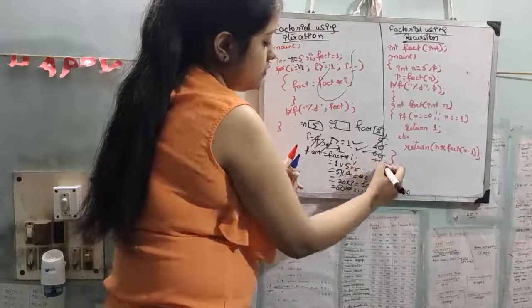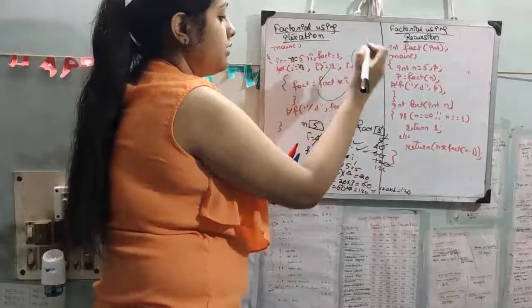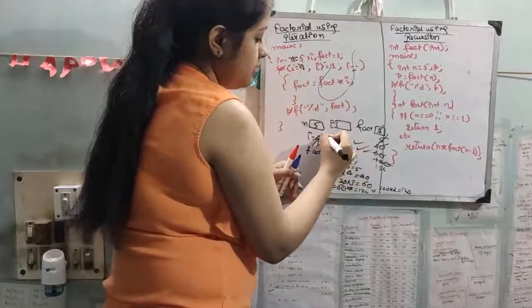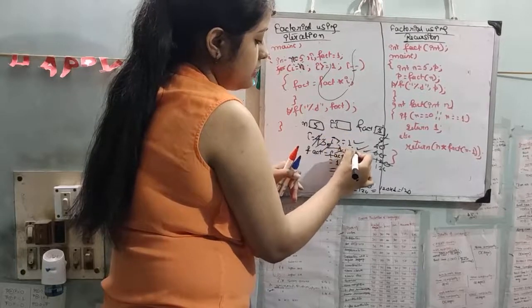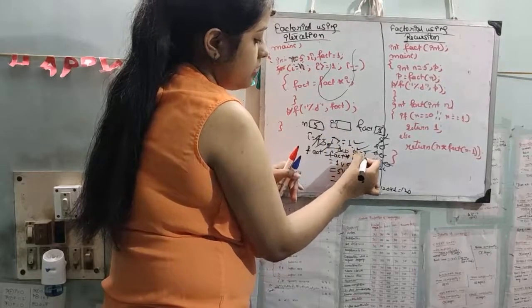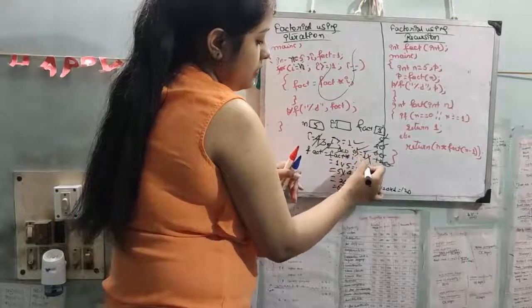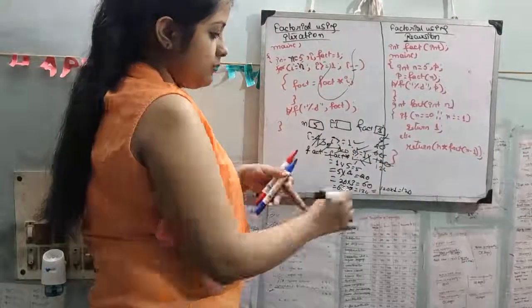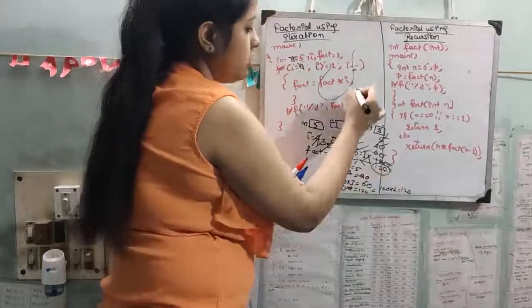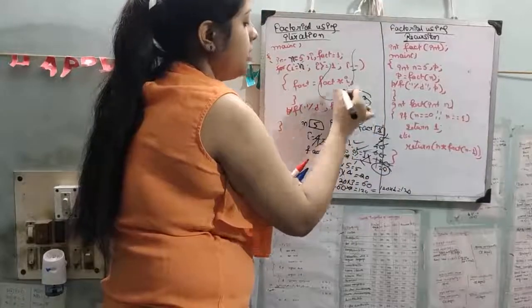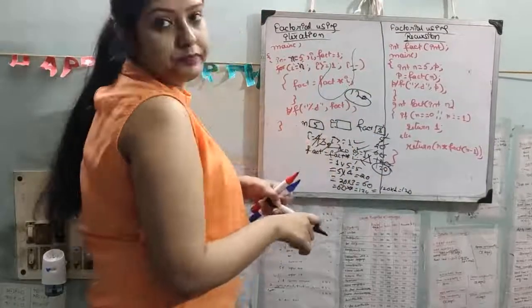So 120 will be stored. Now I is again decremented, I minus is 0. 0 is not greater than 1, so our condition fails. So ultimately our value is 120. You can check in a calculator that factorial of 5 is 120.